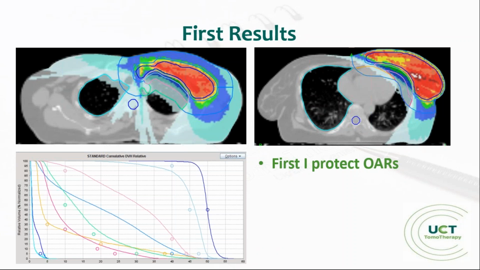And I also mostly have 1 point for my calculations in the region with the high doses. So on my first stage of planning, I protect organs at risk.